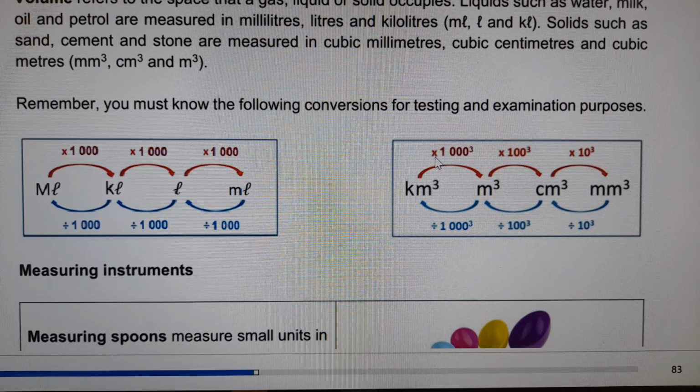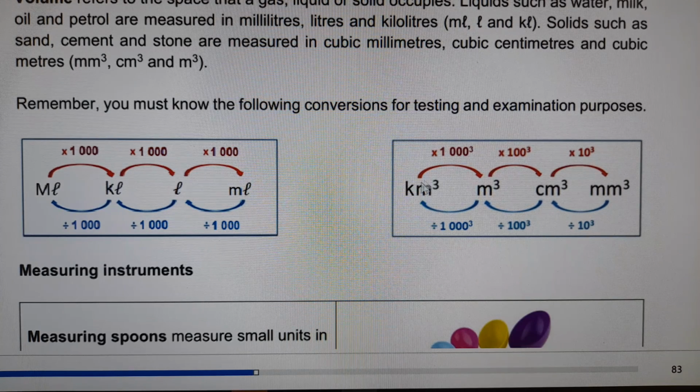And it's the same with volume for solids, where we have kilometer cubed, meter cubed, centimeter cubed, and millimeter cubed. So the multiplying factor there is 1000 to the power 3, 100 to the power 3, and 10 to the power 3.